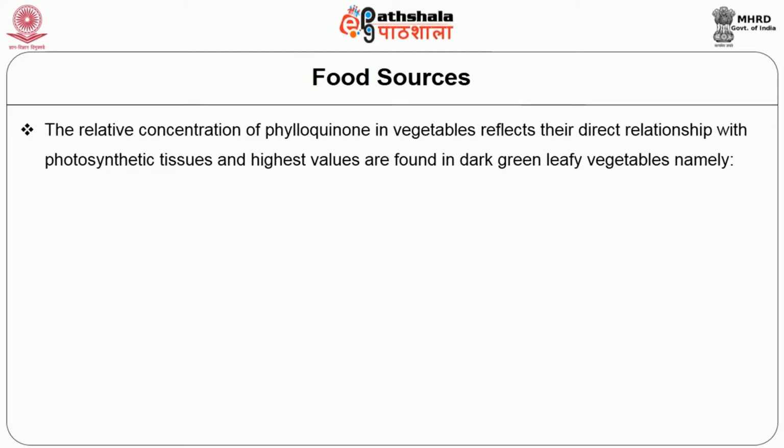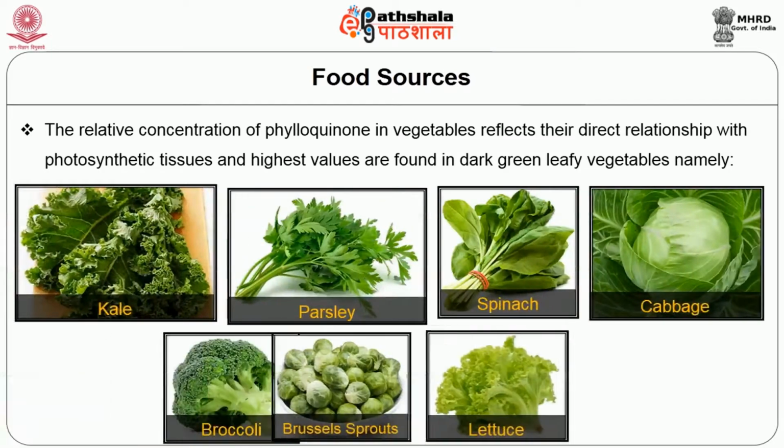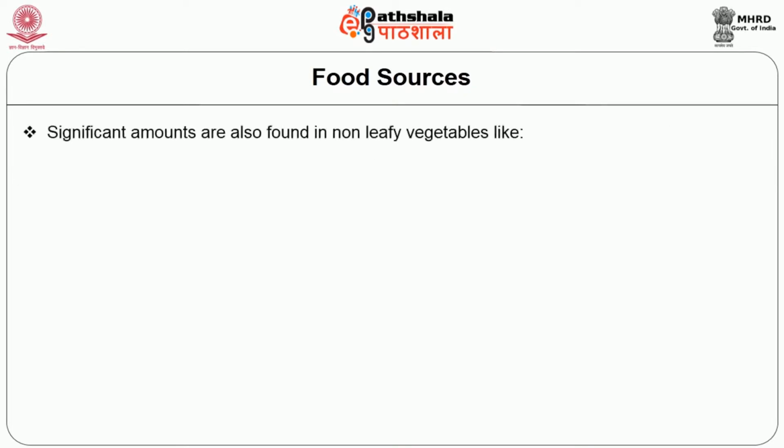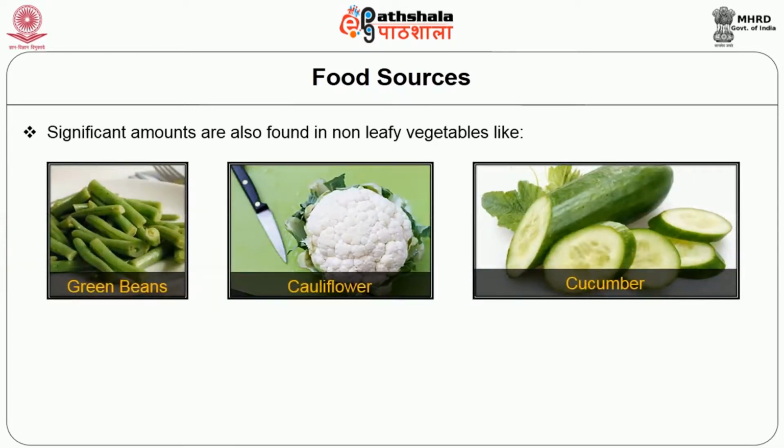The relative concentration of phylloquinone in vegetables reflects their direct relationship with photosynthetic tissues, and the highest values are found in dark green leafy vegetables, namely kale, parsley, spinach and cabbage, with intermediate amounts being found in broccoli, Brussels sprouts and lettuce. Significant amounts are also found in non-leafy vegetables like green beans, cauliflower and cucumber.